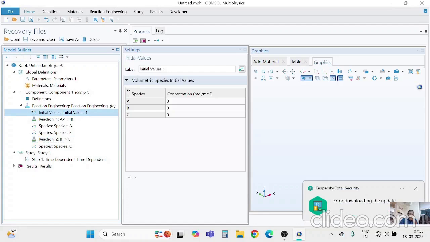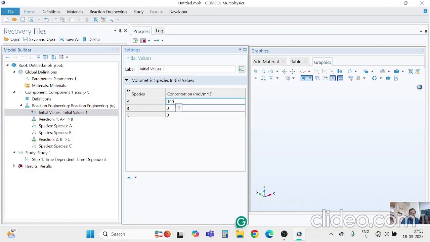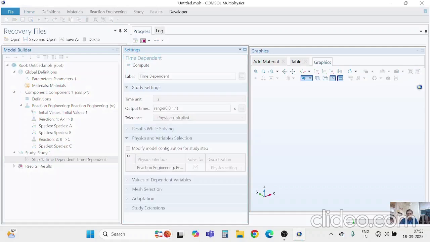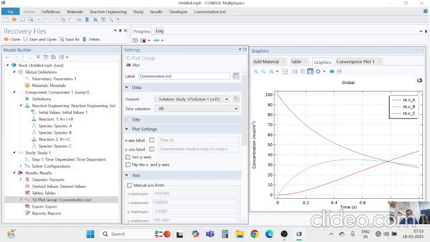Then A, assume it as 100. Then go for compute. So this is a reaction mechanism, kinetics for a chemical reaction.